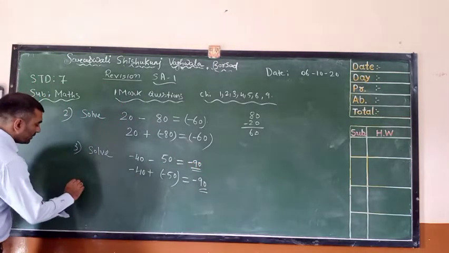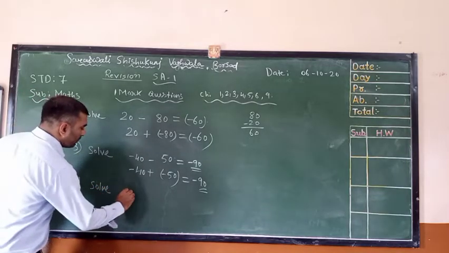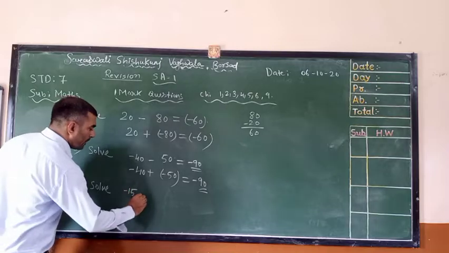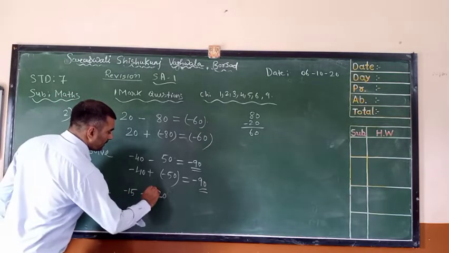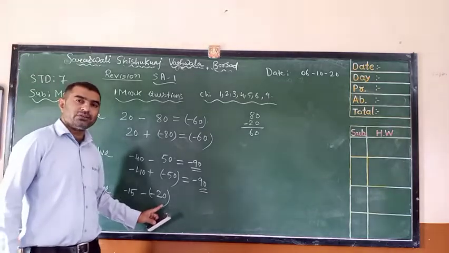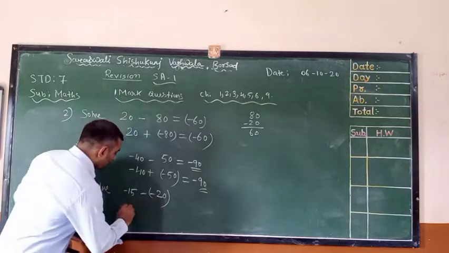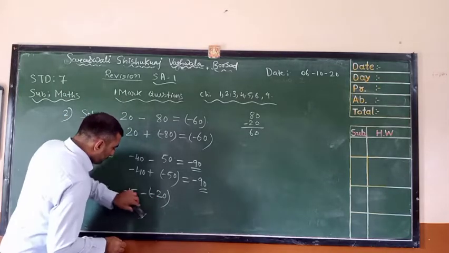Now next one, minus 15 minus minus 20. As I told you, in subtraction we add the additive inverse, so we do addition.